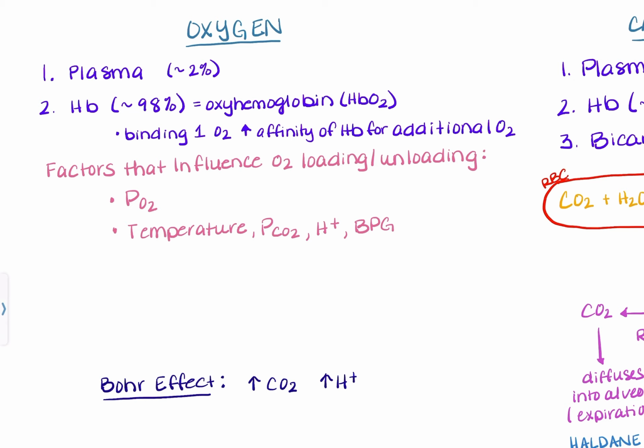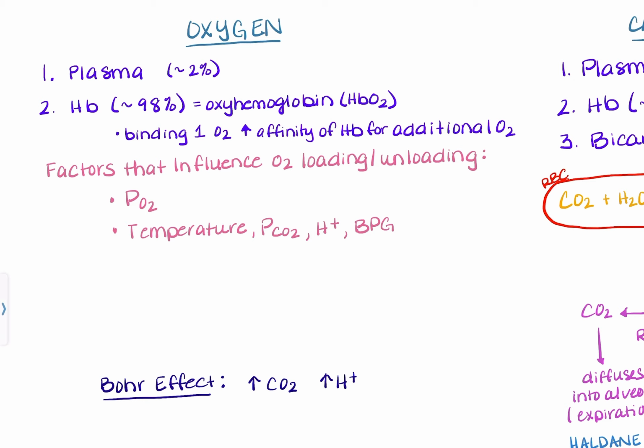And when you change the shape of hemoglobin or any protein, it's going to change its affinity for something else, meaning its willingness to bind something else. So once we bind that first molecular oxygen to one of the globin chains in hemoglobin, we are going to change the shape in hemoglobin in such a way to increase its affinity for oxygen. So once the first one binds, it's more likely to bind more oxygen.